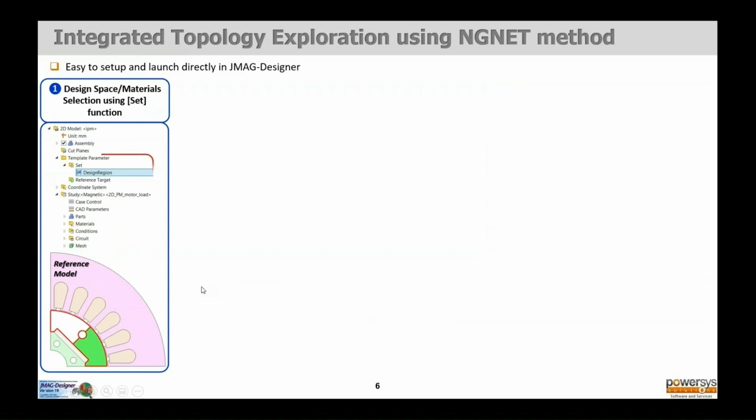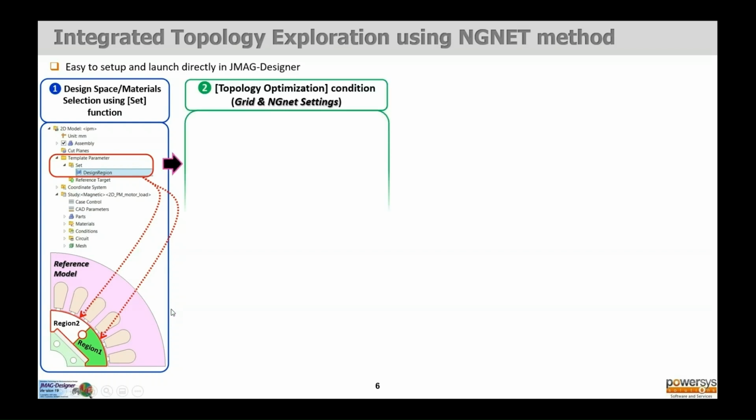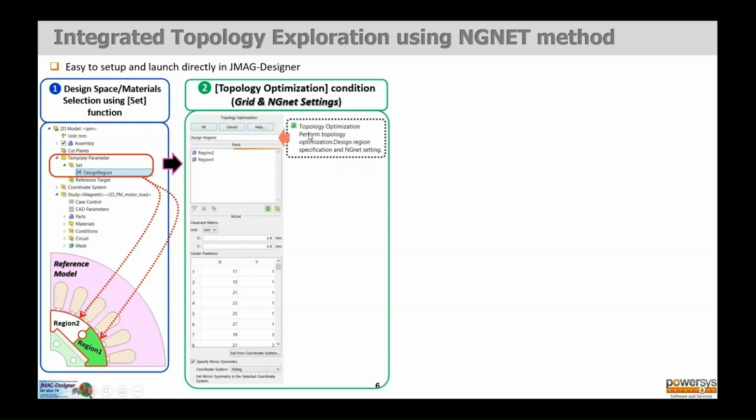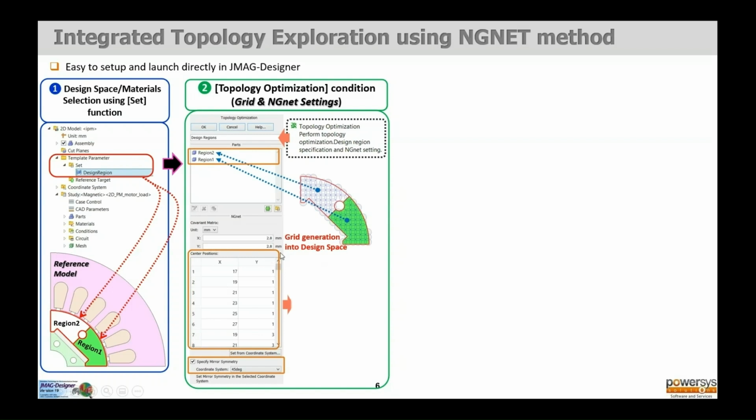The steps to create the topology optimization are very simple. We start by defining the design region and applying the material of each part of the design region. Then in the next step, we apply the topology condition where we specify the selected design region, we define the covariant matrix, and we also define the center coordinate of each Gaussian function.